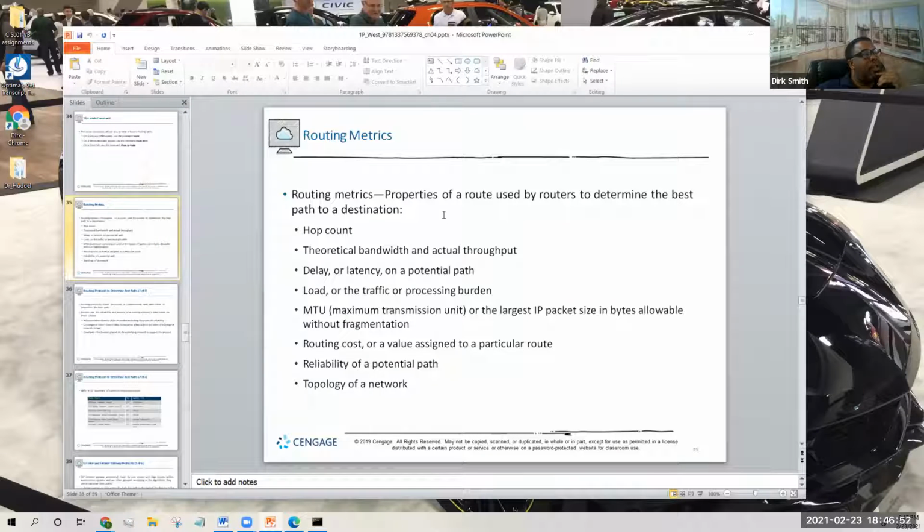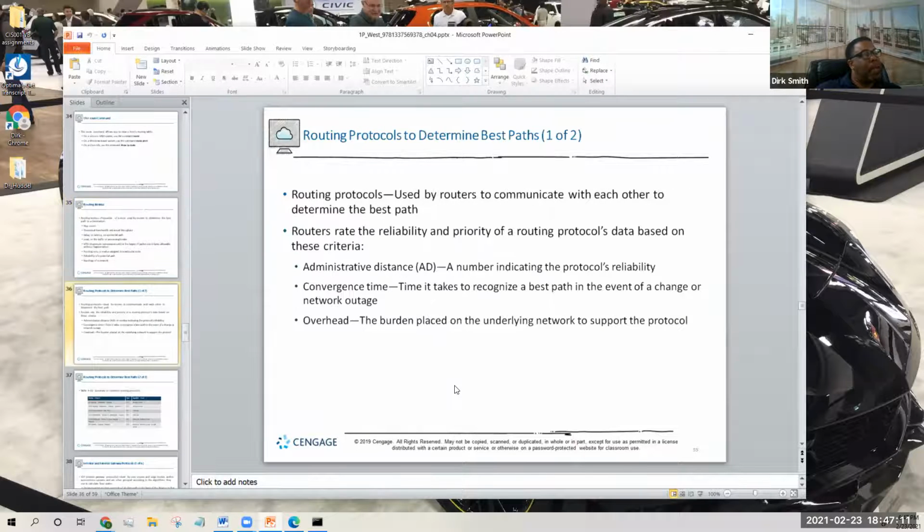The metrics are properties of the route that the router uses to determine the best path to a destination: how many hops it takes, the bandwidth, the delay, the latency, the load, the traffic, and the maximum transmission unit for each packet. Routing protocols are used by routers to communicate with each other to determine the best path.